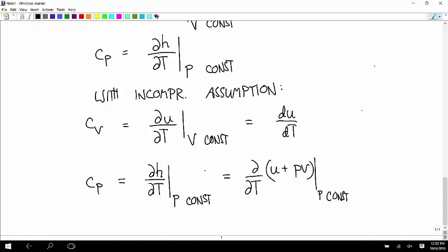But u is only a function of temperature. We're holding P constant, and we're assuming that v is constant. So this also gives you du/dT. Okay, so these two things are equal.